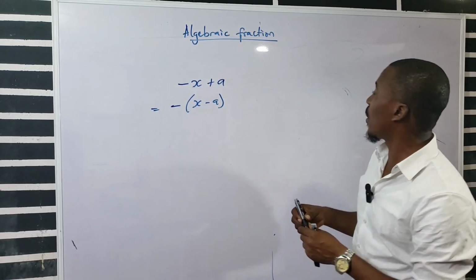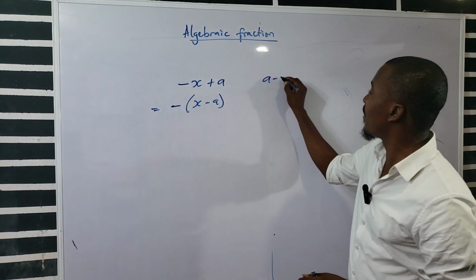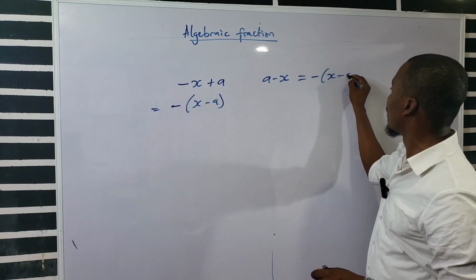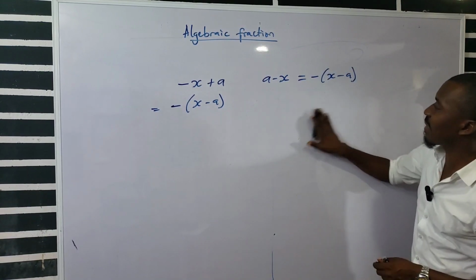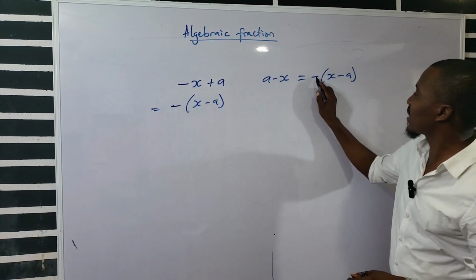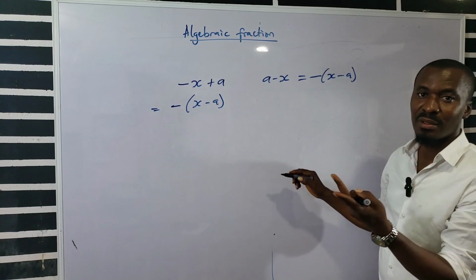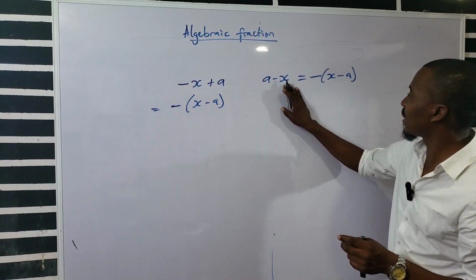Now, where is this thing useful? It's going to be useful when you have a minus x plus a, that will give you minus (x minus a). So you can see what has happened here. Because I'm bringing minus outside, the numbers have interchanged. So how does this happen?